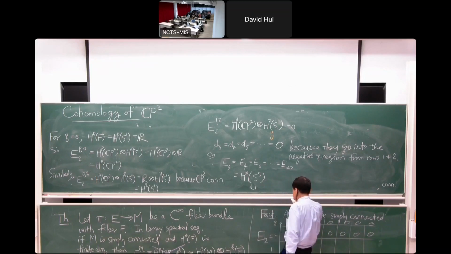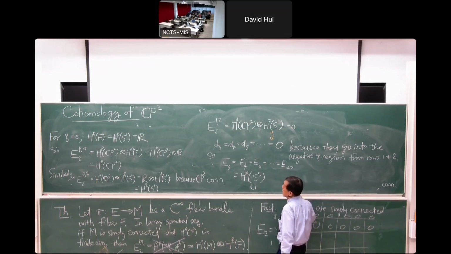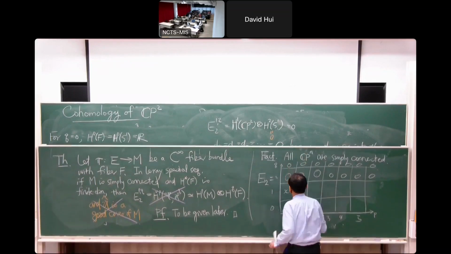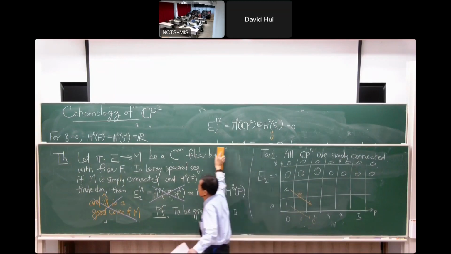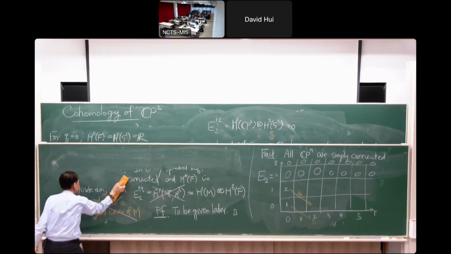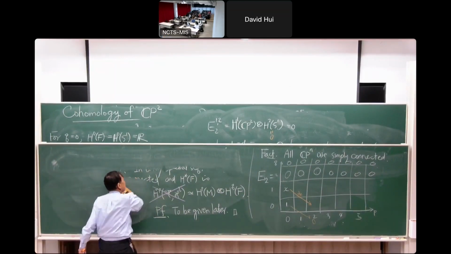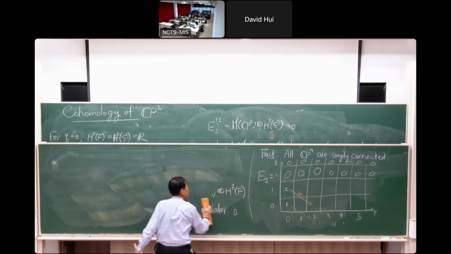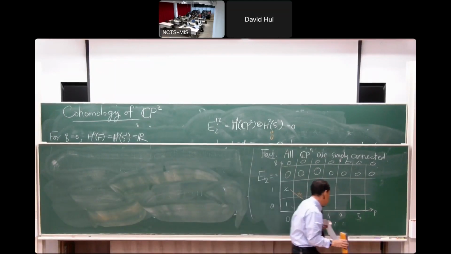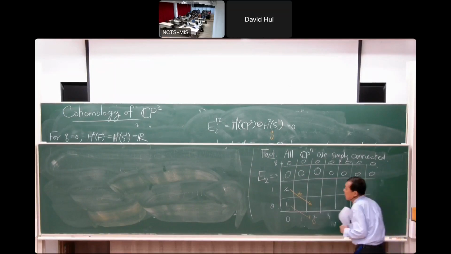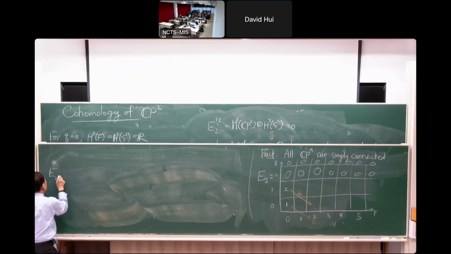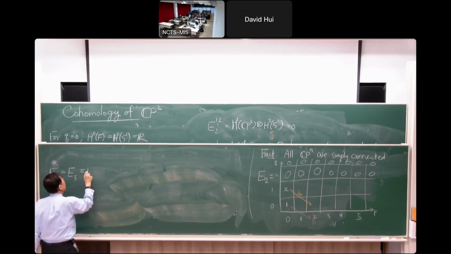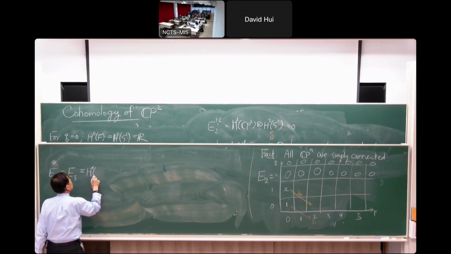Okay, so let's draw a picture of E infinity. Well, E infinity is the same as E3, and it's the cohomology of S5.